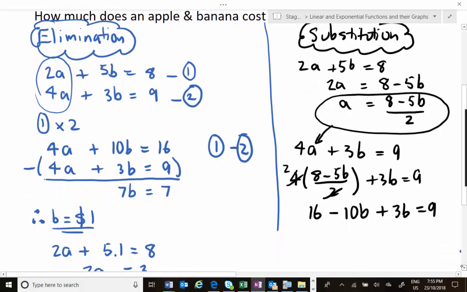Now I've got my b's to one side, my numbers to the other. So 9 take 16 gives me minus 7, and minus 10b plus 3b gives me minus 7b. I'm going to cancel the negatives. Therefore 7b is equal to 7, therefore b is equal to 1.